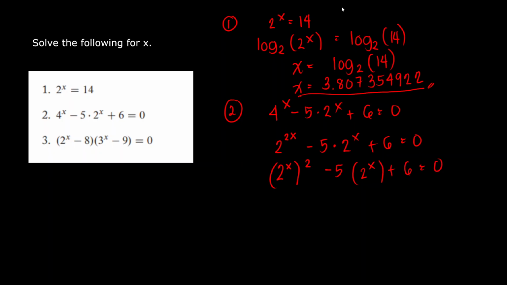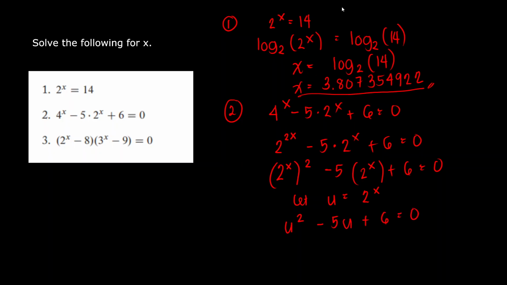The easiest approach, let's say u is equal to 2^x. We let u equal 2^x. So let's substitute: u squared minus 5u plus 6 is equal to 0.